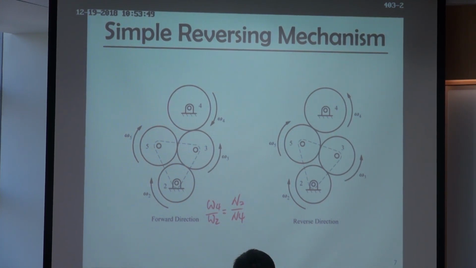So it has one more stage, and this one more stage is not going to change the gear ratio. The gear ratio is still the same, but only the direction is reversed. Right now omega 2 is rotating clockwise, but omega 4 is rotating counterclockwise.